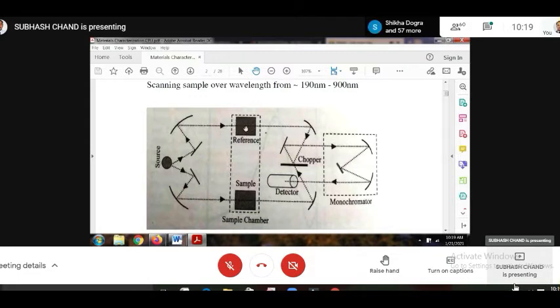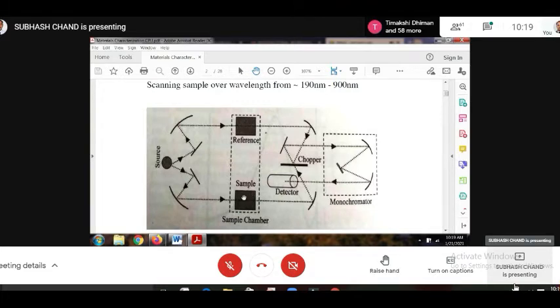One beam passes through the reference. The reference here is uncoated glass, or an empty cuvette, an empty container. And here it is a coated slide and a container filled with the sample. So when the light passes through here, light gets absorbed by the substrate or by the container walls.